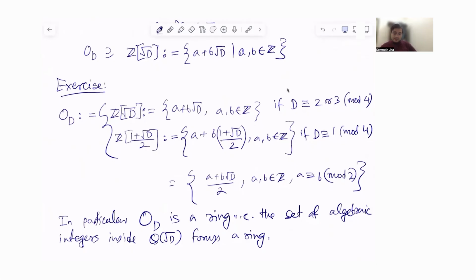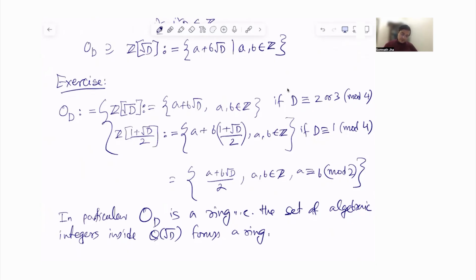Why will their product be an algebraic integer? Why will their subtraction be an algebraic integer? So every time you have to find a monic polynomial.